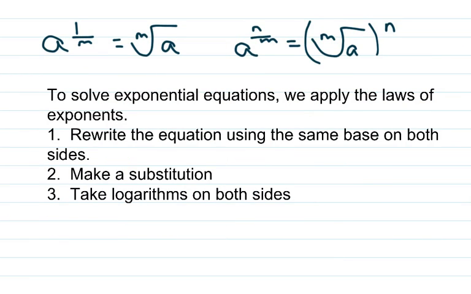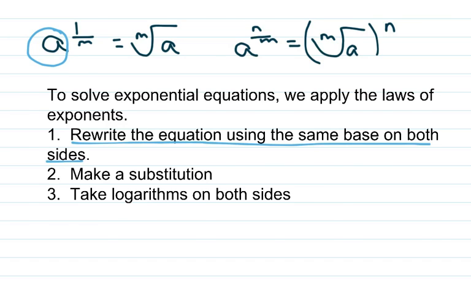Okay, and here's two more properties with the changing from radical to rational expressions. Basically, when they're talking about exponents and they're saying rewrite the equations using the same base on both sides, the base is this number here.